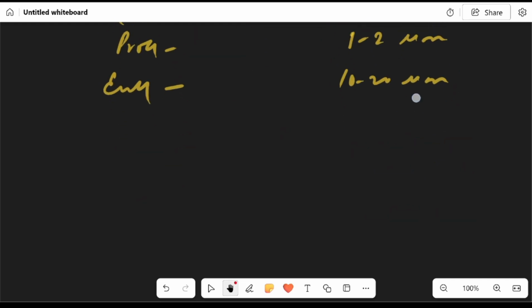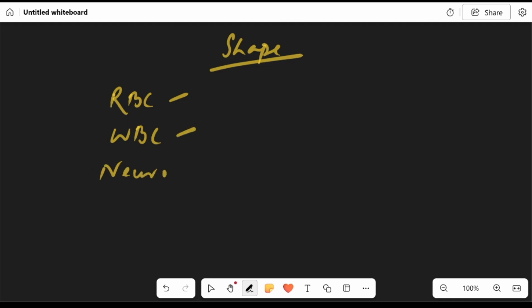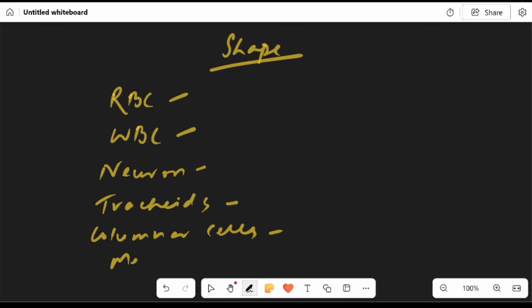So now let us discuss the shape of RBC, erythrocytes, WBC, leukocytes, then the neuron or nerve cell, then the tracheids, then columnar cells or mesophyll cells.